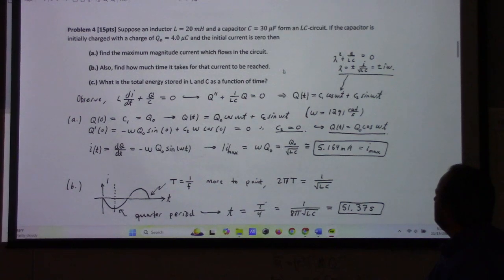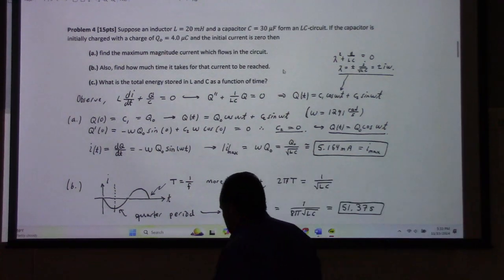Maximum current. Did I say quarter period? Oh, magnitude, then it's the quarter, right? That's the maximum magnitude that happens after a quarter period. The actual maximum appears at 3/4. So I need to read my own problem: magnitude. Anyway.